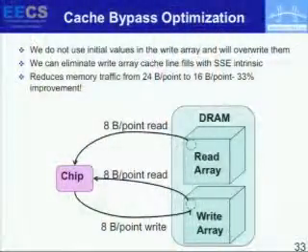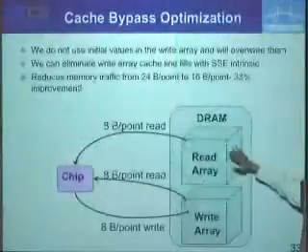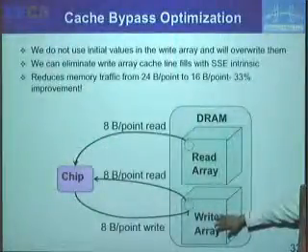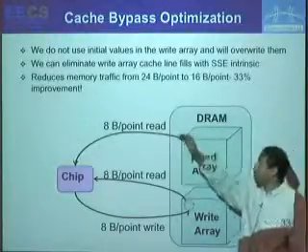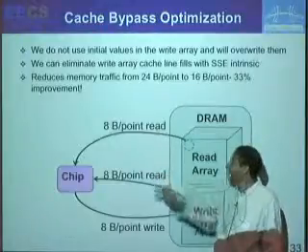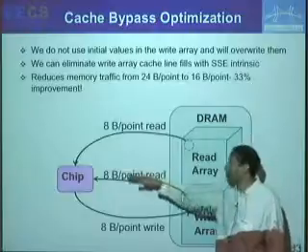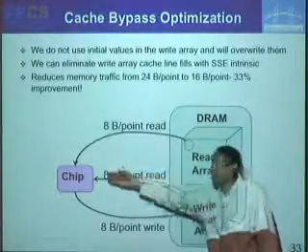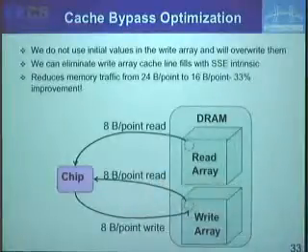But what the SIMDization allowed us to do was there's a separate intrinsic once you've SIMDized for doing cache bypass. So in our case, we have DRAM and we have two separate arrays, the array that you're reading from and the array that you're writing to. And for every point, you have 8 bytes that are going to be read for a double. And for the write array, right now what we're doing is we're reading in the double as well as writing it back. But this traffic right here is actually superfluous.